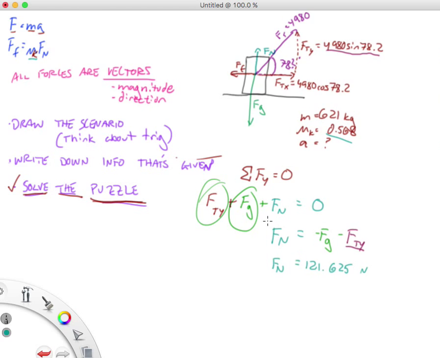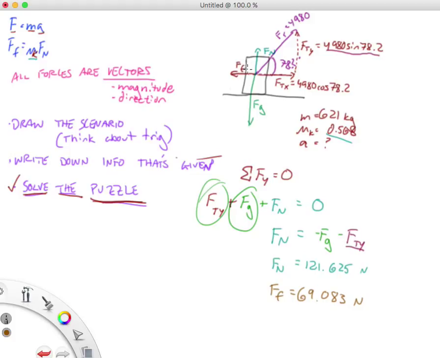You put this number into that equation, and you're going to get for the frictional force, let's try to use similar colors, 69.083. I'm using extra sig figs here. So that's our frictional force.